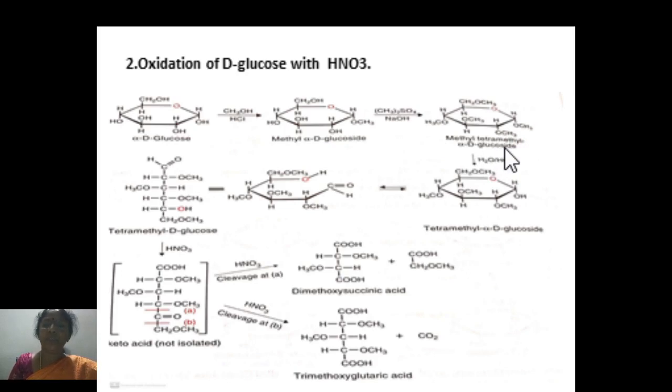Next step is the hydrolysis in presence of acid. During this the methyl group is removed and the ring opening occurs here. Cleavage occurs here, resulting in the ring opening to give this open chain structure.